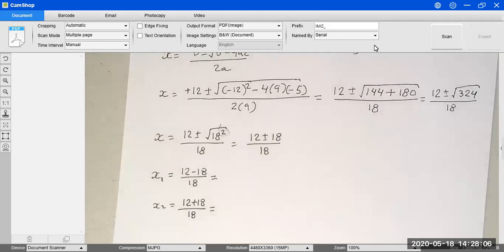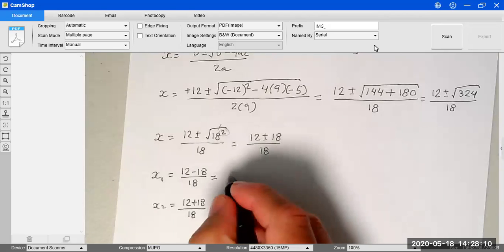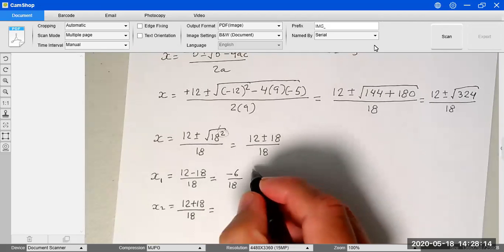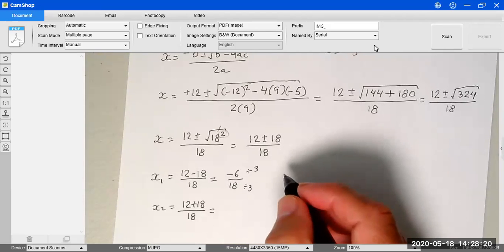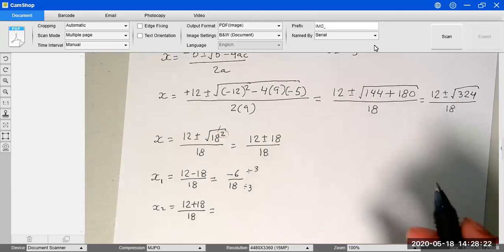12 minus 18 is gonna be negative 6 over 18. We're gonna divide by 3, both the numerator and the denominator. We're gonna divide by 6 actually.